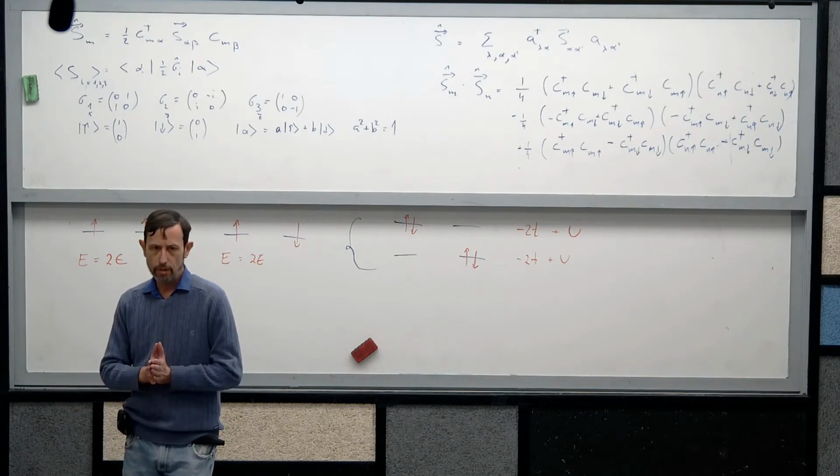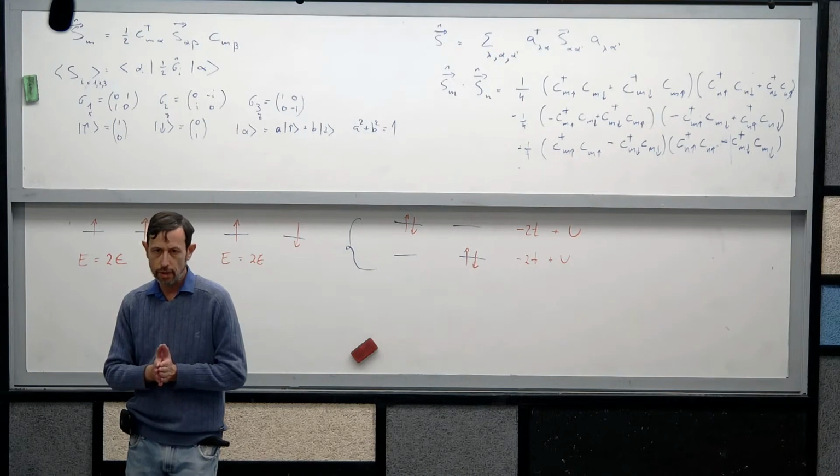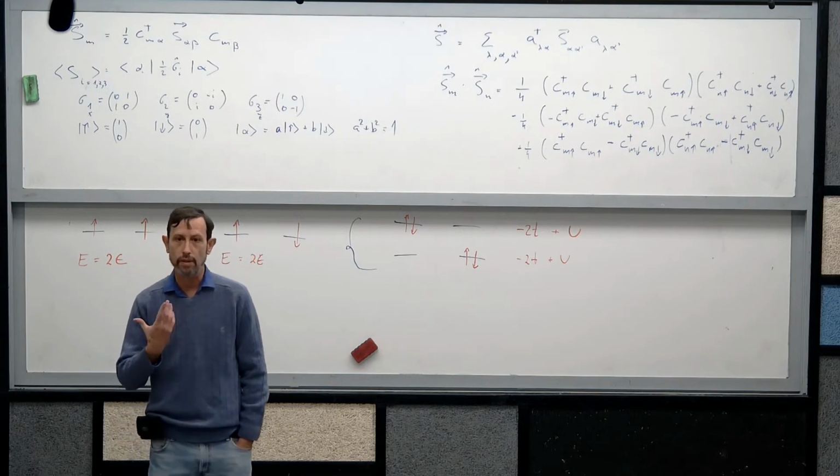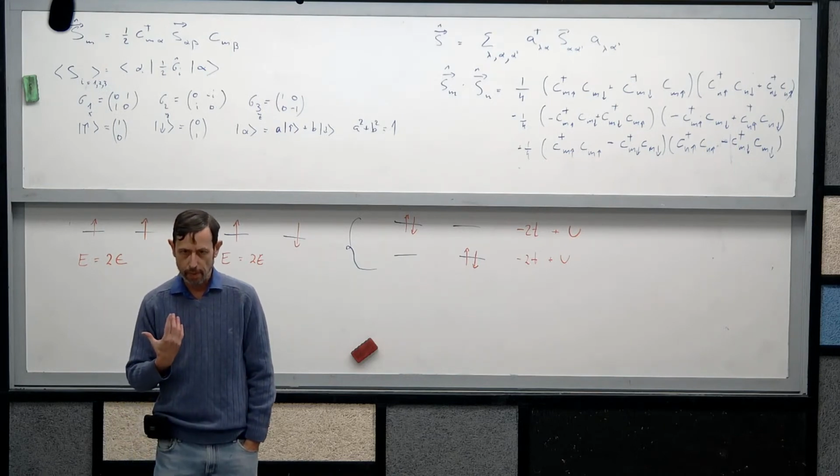What we will do in the next lecture is assume that we have positive attraction between the electrons and see how you get out of it superconductivity and what it means physically.